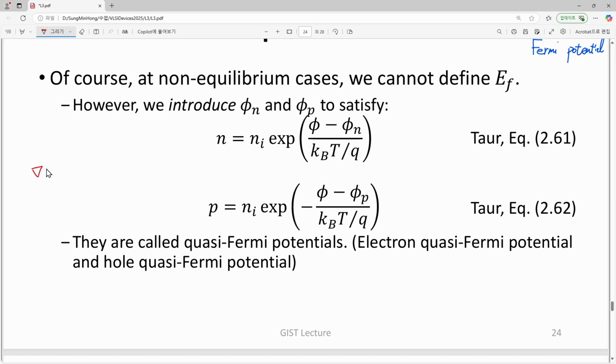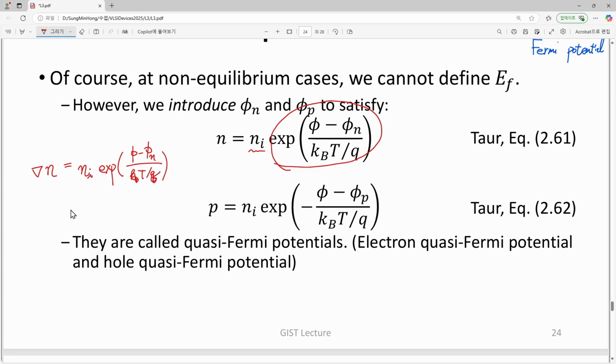Then the gradient of the electron density will follow this form. Now this is constant, so it is not affected by the gradient operator, and the exponential is still exponential even after we take this gradient.